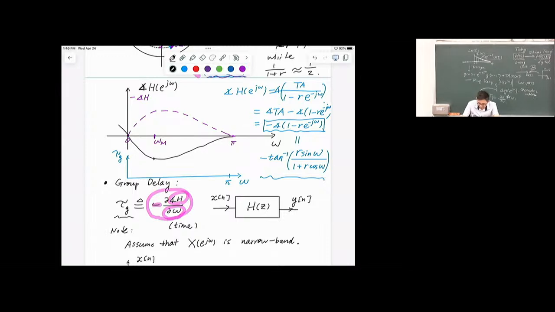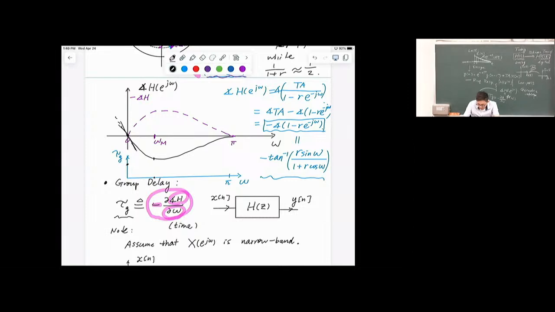So DC will have the highest group delay because the slope is maximally negative. Because the slope with a negative sign is the group delay. So right at DC, that's where we hit the maximally negative slope, so we have the longest group delay. But then the group delay goes to 0.